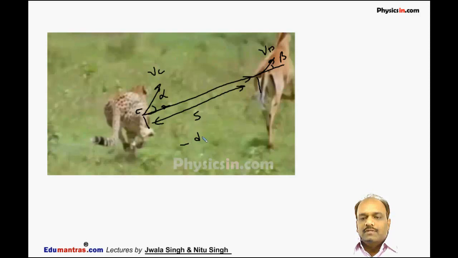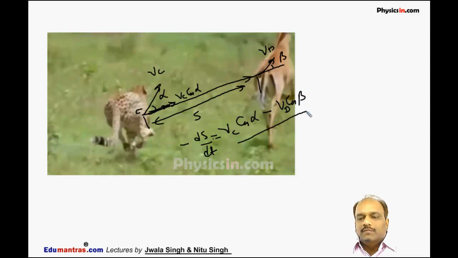So I will write minus ds by dt is equal to Vc cos alpha, which is the velocity of this cheetah along this line towards the deer, minus this component Vd cos beta. This is the velocity of approach.